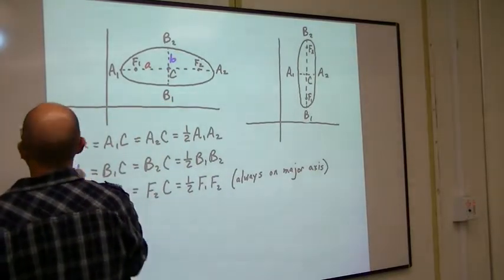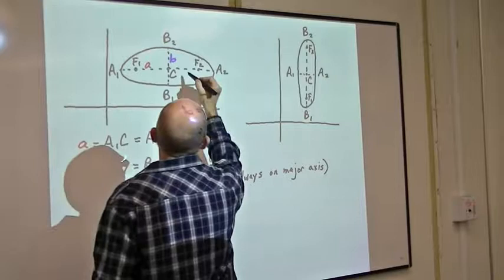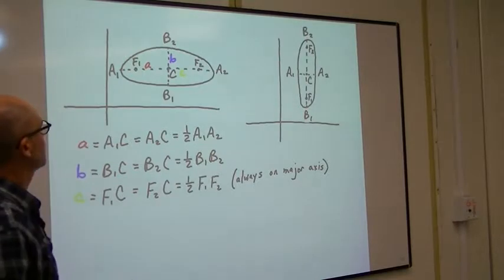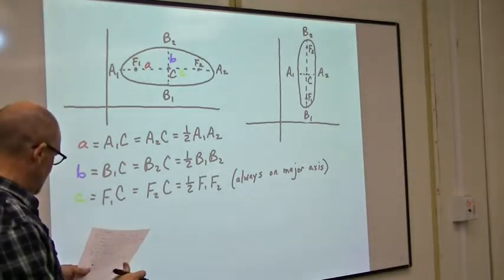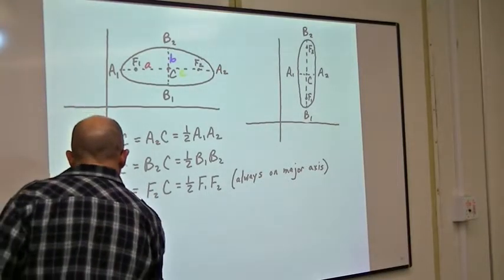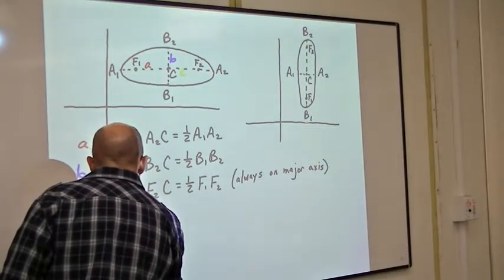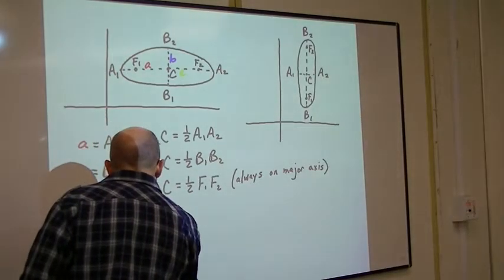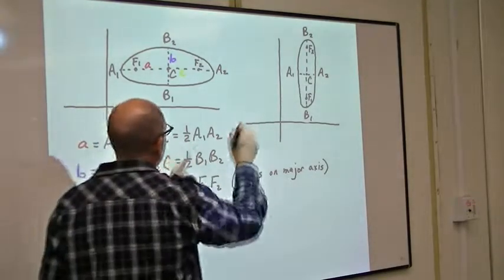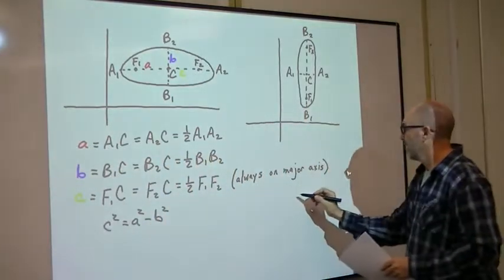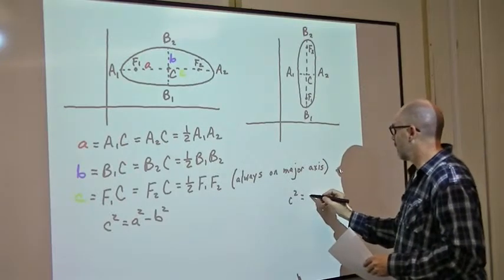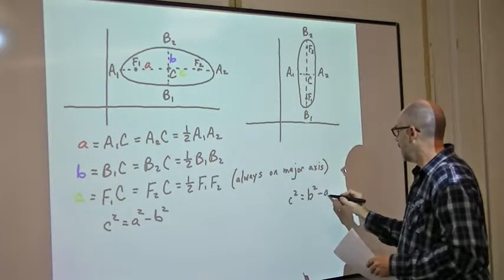And C is the distance just from the center to the focus. And then we have our relationship between A, B, and C: C squared equals A squared minus B squared. Or, in the case over here, we have C squared equals B squared minus A squared.